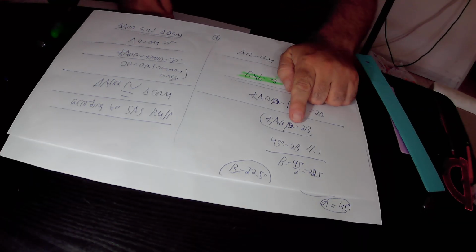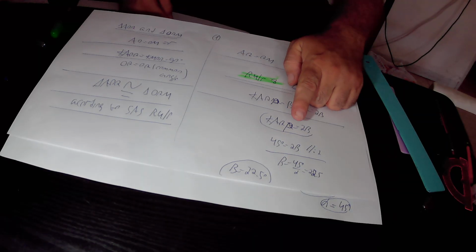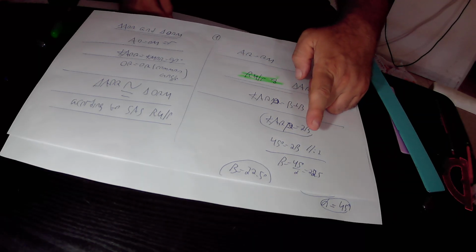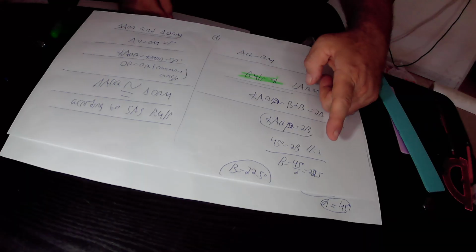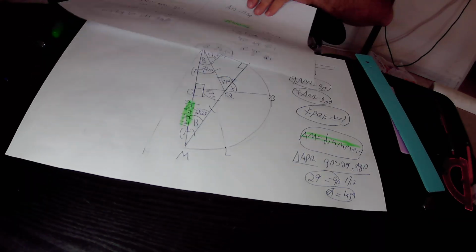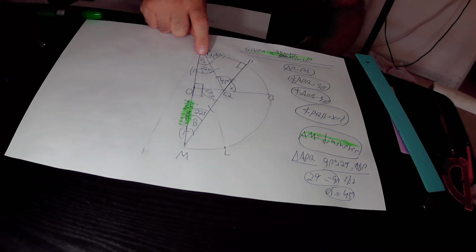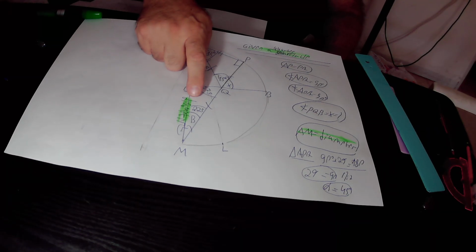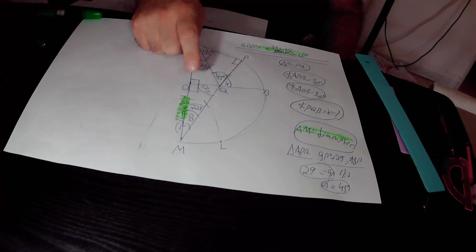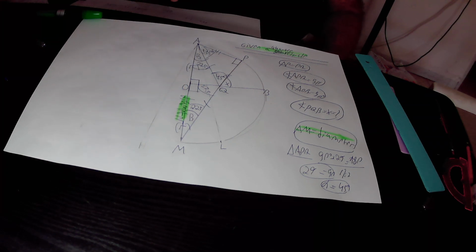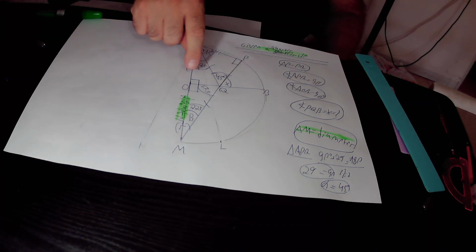Here we divide the equation by 2 and finally find that the size of angle beta is 45 degrees over 2, that is 22.5 degrees. So this is angle beta, equal to 22.5 degrees in its size, and this is also angle beta, equal to 22.5 degrees. In the next step, we focus on the right triangle OQM.